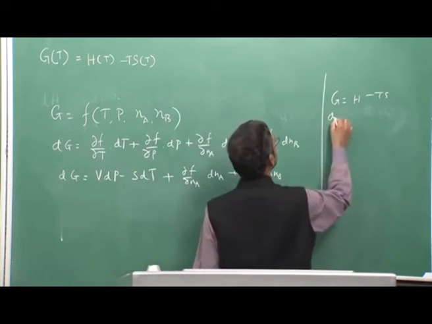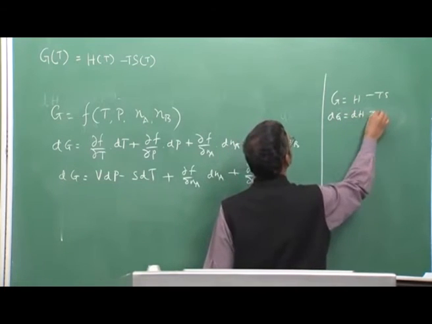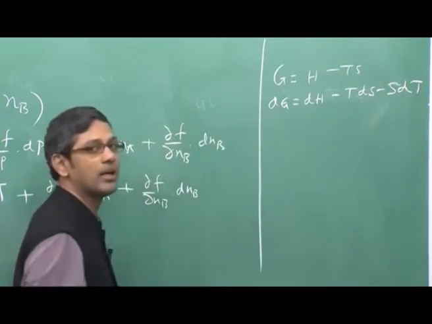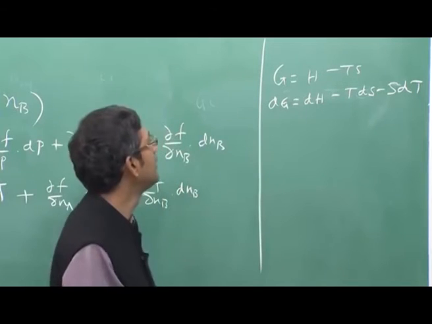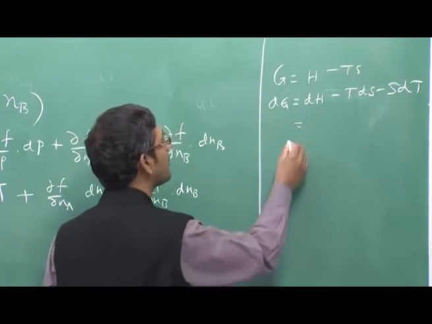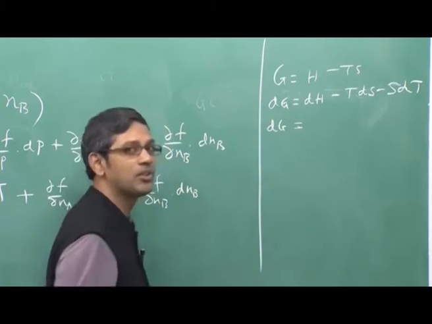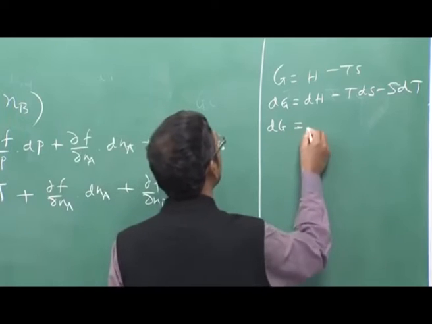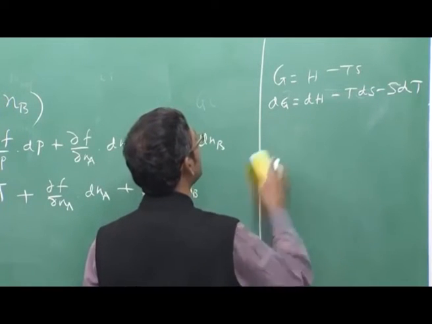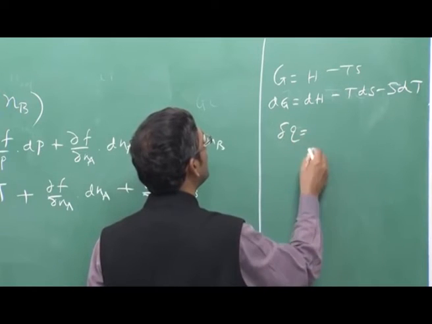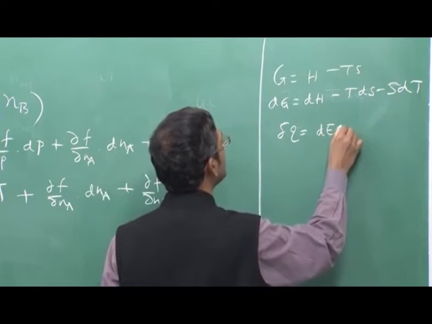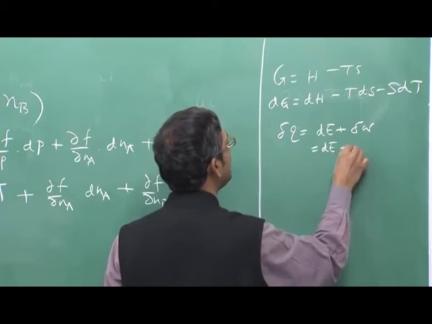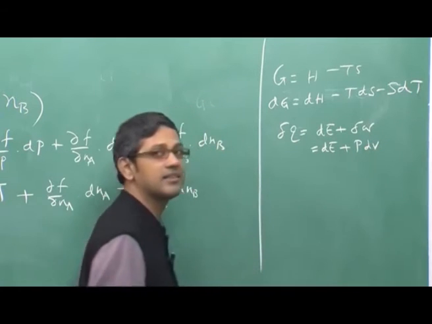So if I take the differential of that, then it becomes dH minus T dS minus S dT. I have just taken the total differential, so I have to differentiate everything. So now I know from the first law of thermodynamics, what do I know? From the first law of thermodynamics I know the total energy is conserved. So that means I can write down del Q is equal to del E plus del W, which is nothing but del E plus P dV for a gas system, right?